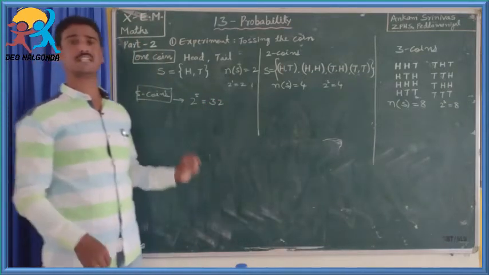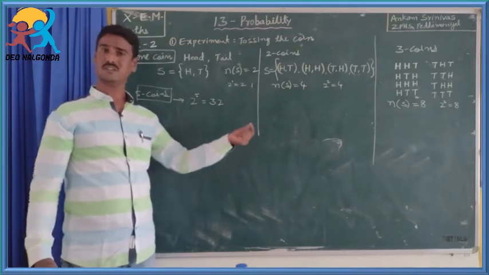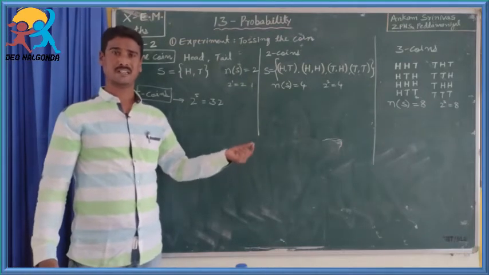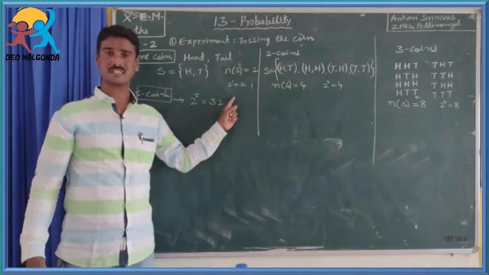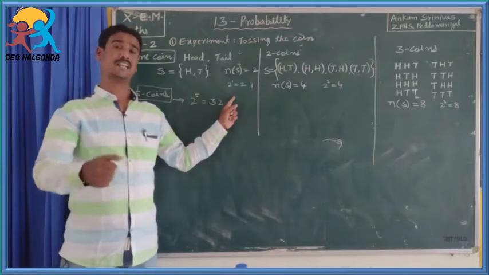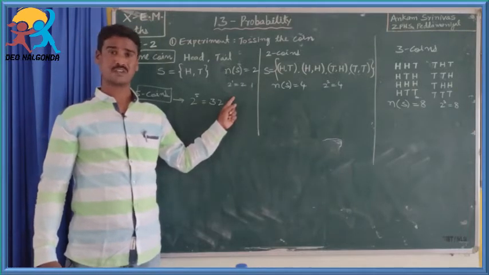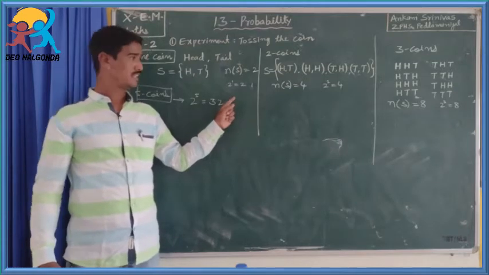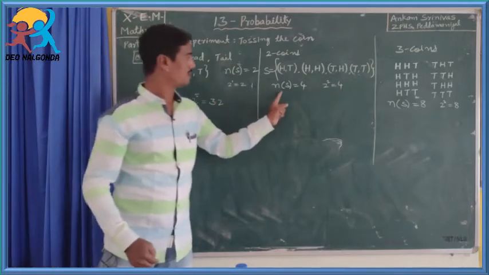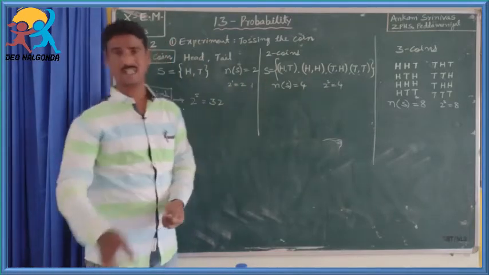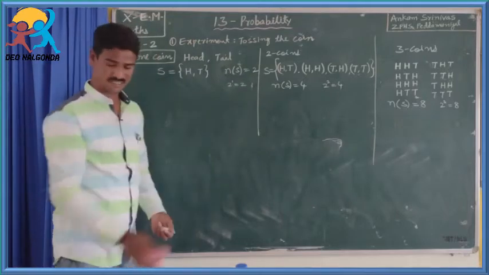In competition exams, you may be asked, when you toss 10 coins at a time, what are the total outcomes? The answer is 2 power 10. So this is the generalized formula, 2 power n, and you may get questions depending on this.